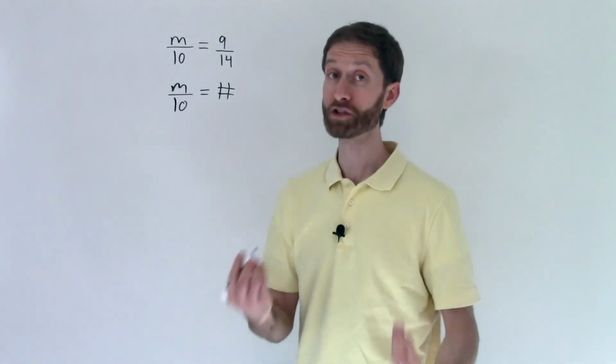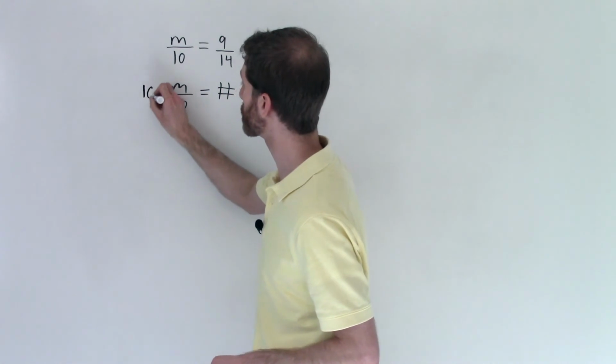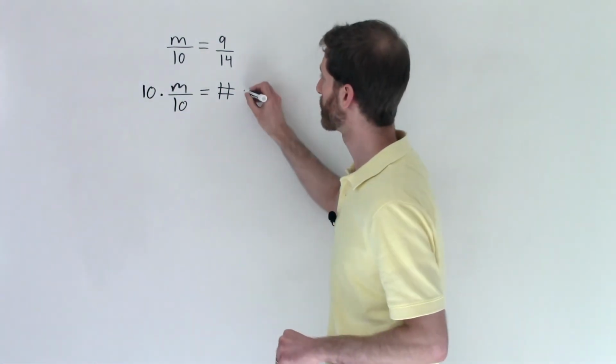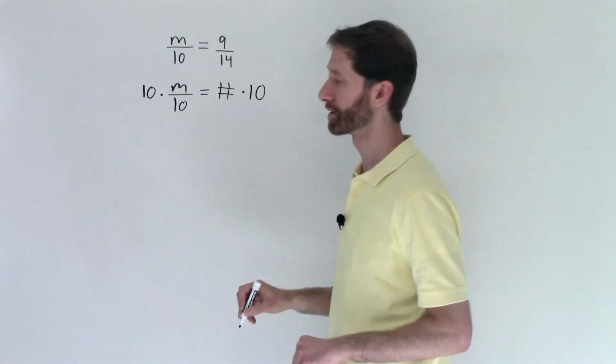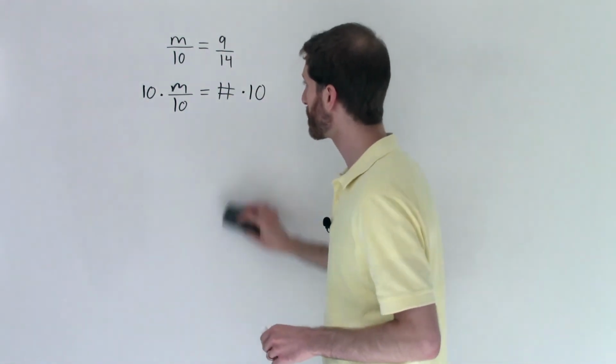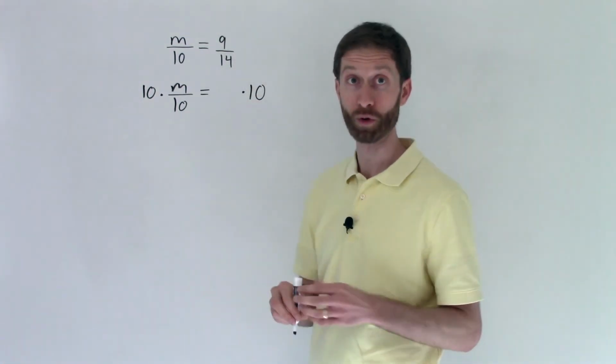Well, we undo division by 10 by multiplying by 10. So the alternative approach is really solving this equation like you've learned how in the past. So you'd get number times 10. Well, okay, so what does that mean in terms of what we're doing here? Well, the only difference is that number, I'll erase that, is 9/14.